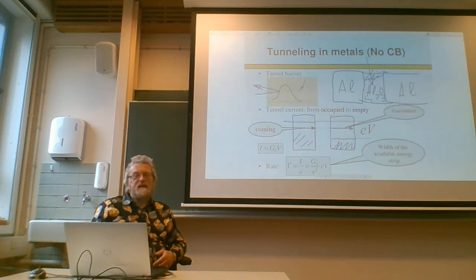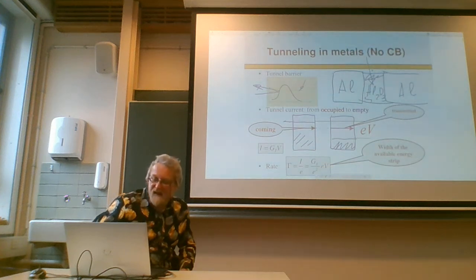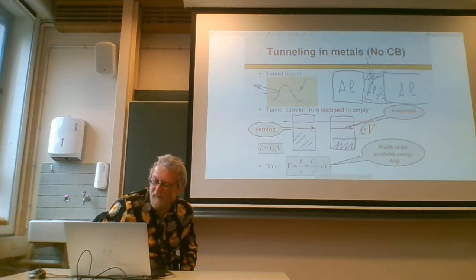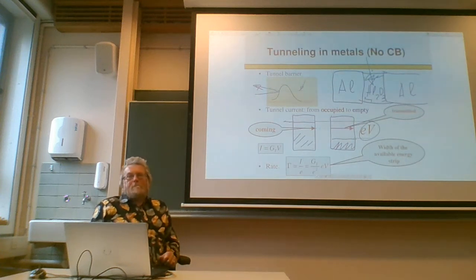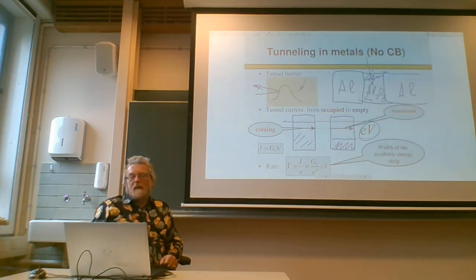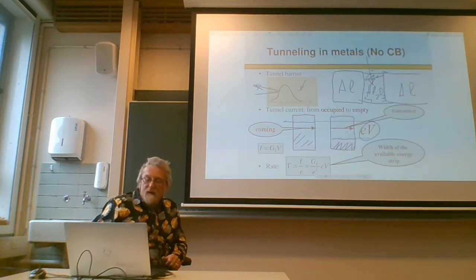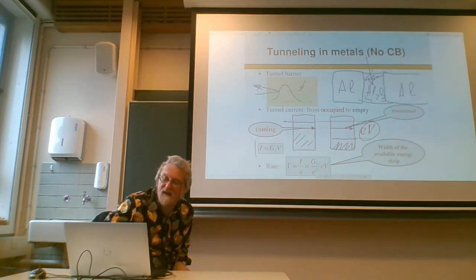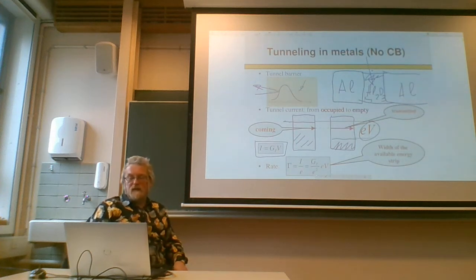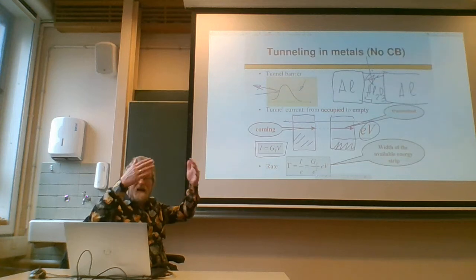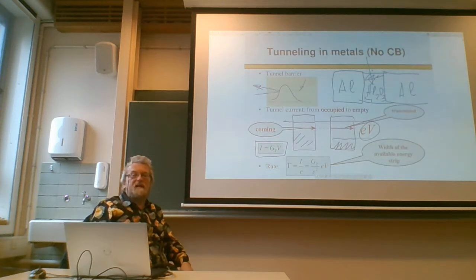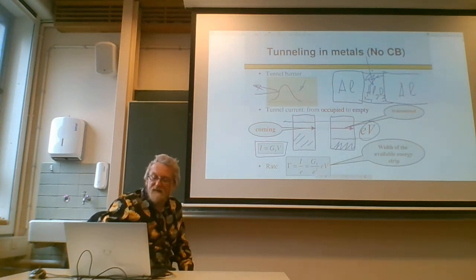In this case, we can have electron transfers within the energy strip eV. Right. We know the current. Just by definition of tunnel conductance, the current is proportional to voltage. How to find the rate? The rate is the current divided by the number of processes which happen, by the number of electron transfers.